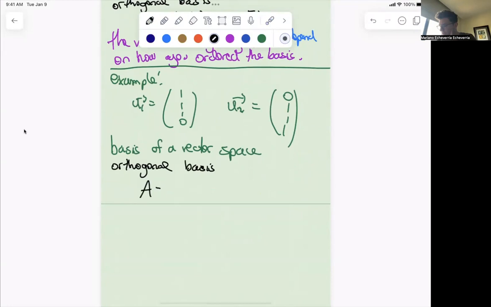Well, the way I taught it is you put them first as row vectors, 1, 1, 1, 0 and 0, 1, 1, 1, and then do a transpose.